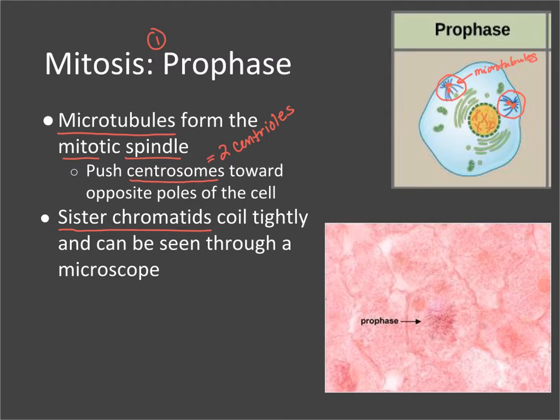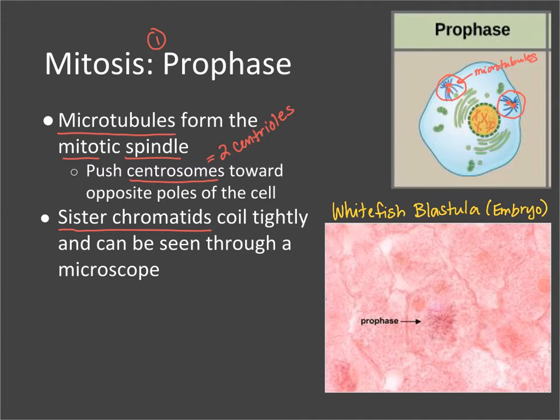So let's take a look at this picture down here. This is actually looking through a microscope, and this is a whitefish blastula, which is basically cells that are in embryonic development in a fish.